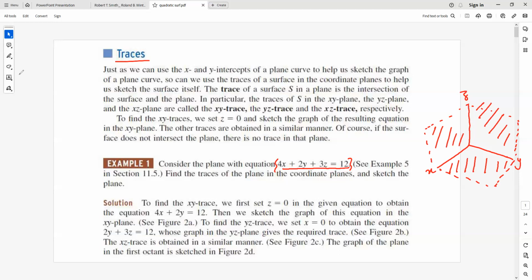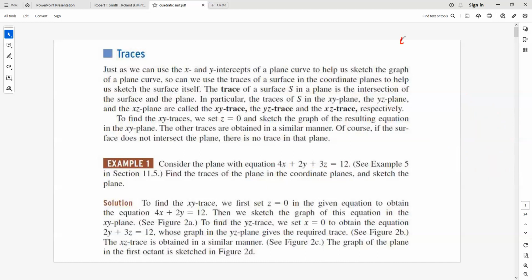Beginning with this example, since we are given the equation of the plane in 3D, to find the trace on the xy plane we need to put z equals 0. When we put z equals 0, we get an equation of the form 4x plus 2y equals 12, which represents the equation of a straight line in the xy Cartesian coordinate system.